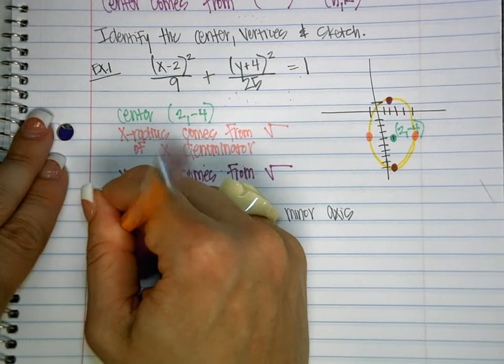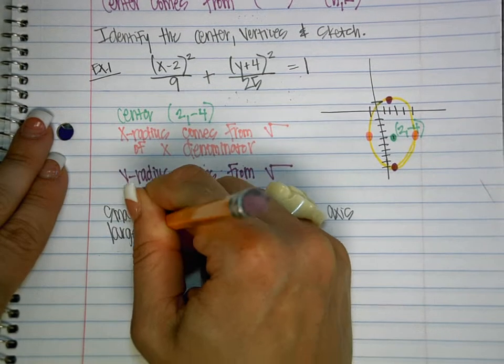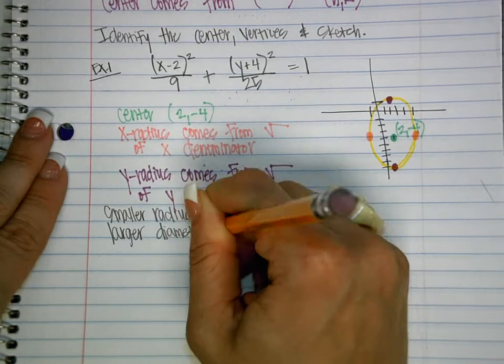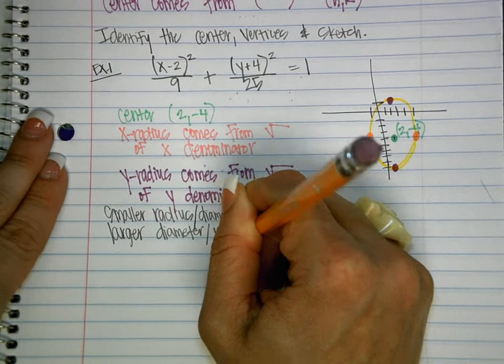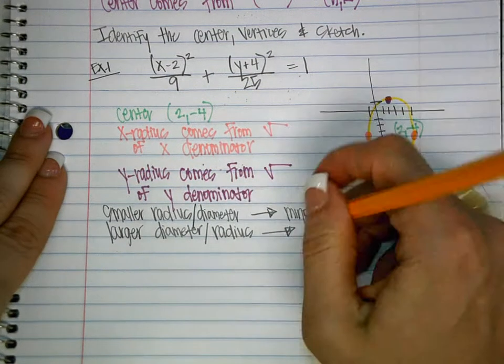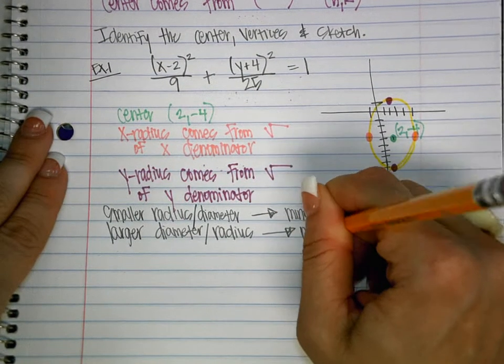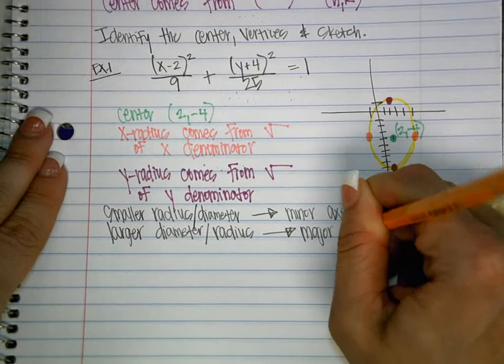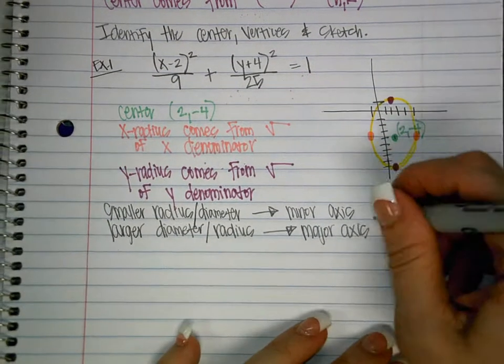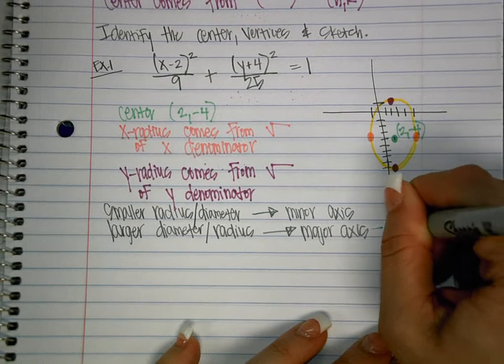The larger radius, or diameter, it's really the same thing if we add them together. The larger diameter or radius is called the major axis. The ends of the major axis are your vertices.